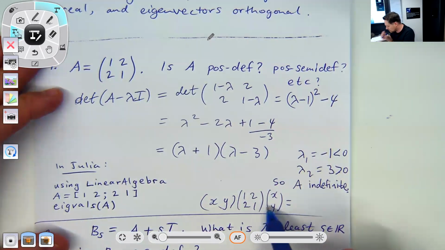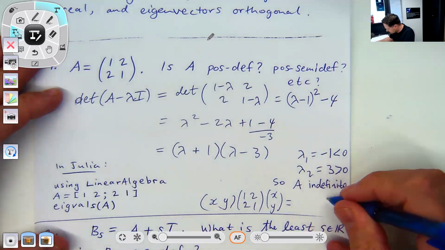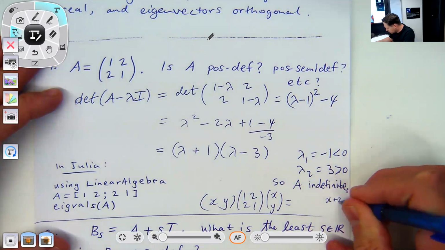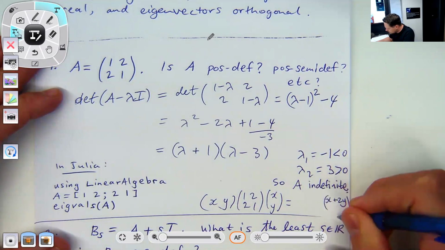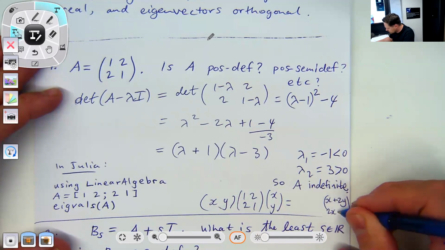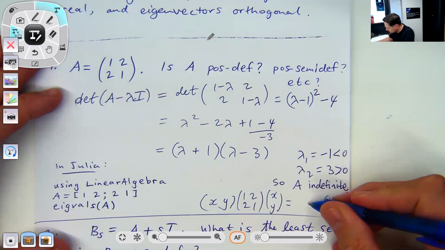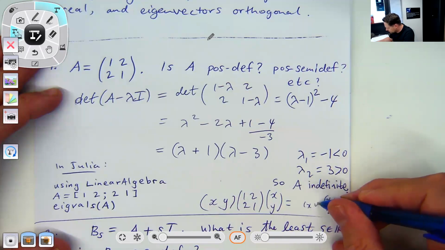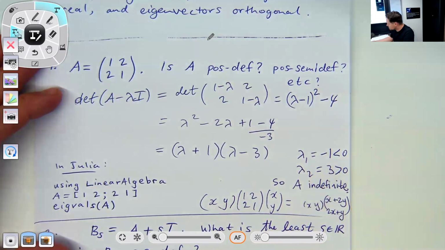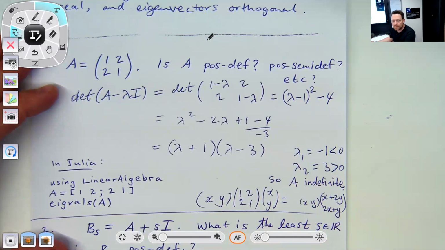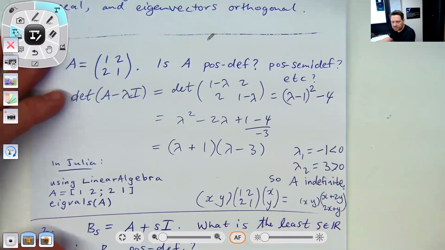Now this product here, that'll be x plus 2y there. And then in the bottom, we'll have 2x plus a single y. And then here we still have the xy. Okay, now if I multiply this part out, I get x squared plus 2xy.